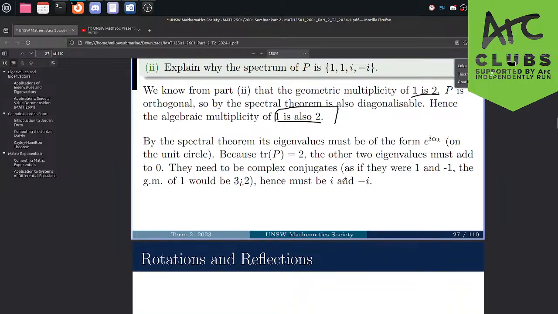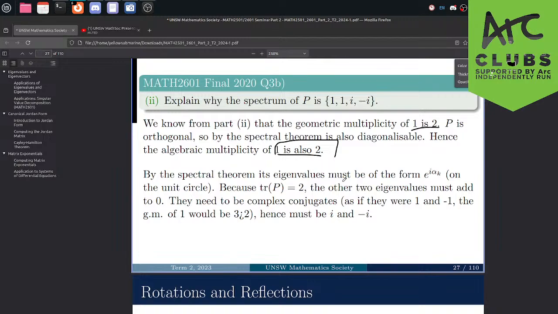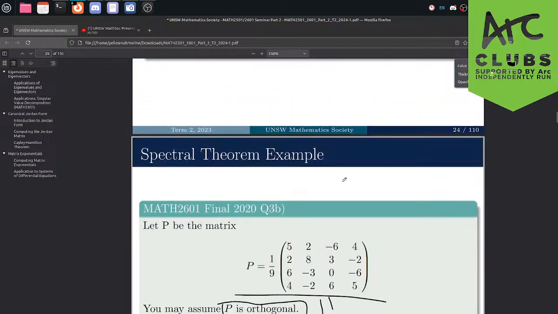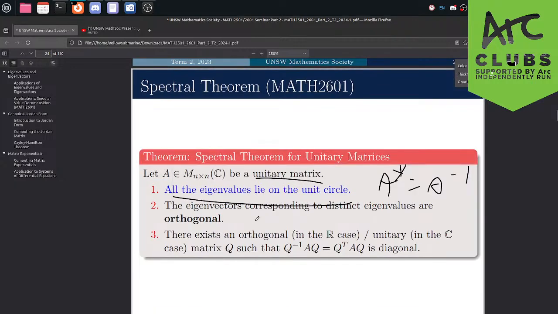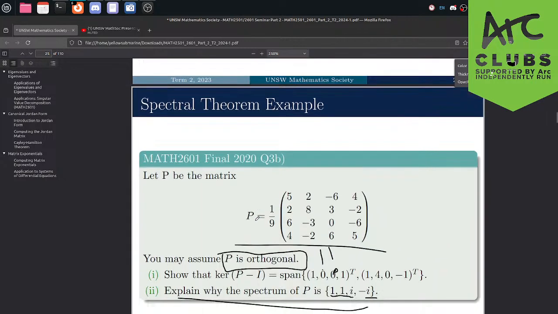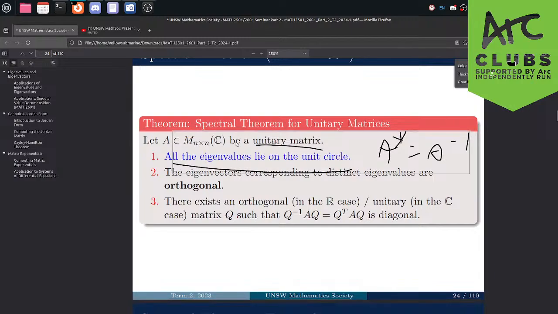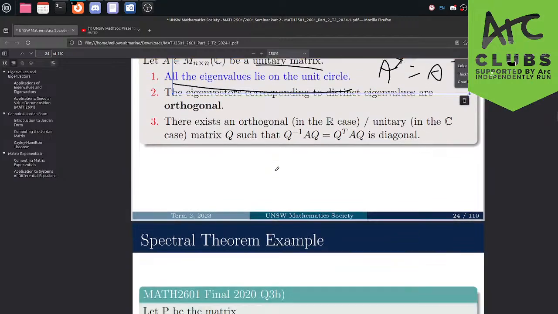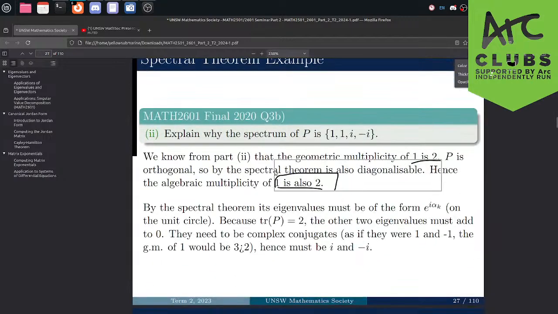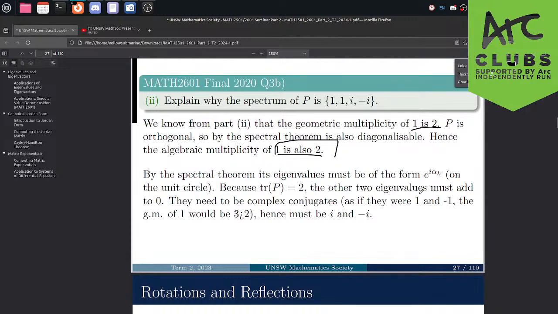You also know that because it's a unitary matrix, which is the complex version of orthogonal, all of its eigenvalues must lie on the unit circle. So this means that the trace of P is equal to 2.